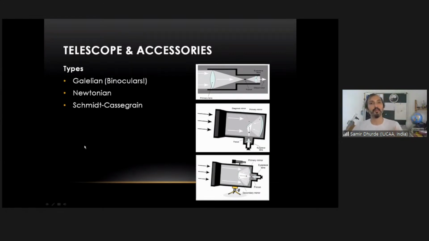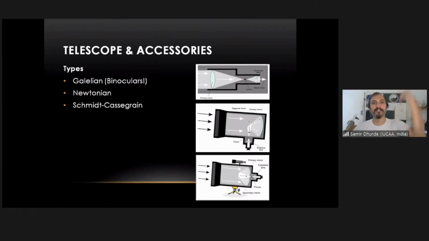However, if your telescope is enormous in size, like the IUCAA research telescope, which I will be talking about, or other telescopes in India, which are 2 meter or 3 meter in diameter of their primary, then in earlier times, when they had a Newtonian type of telescope, the light would be reflected in this direction, and the secondary would be somewhere here at the top of the telescope, which is usually 3 stories high, right?